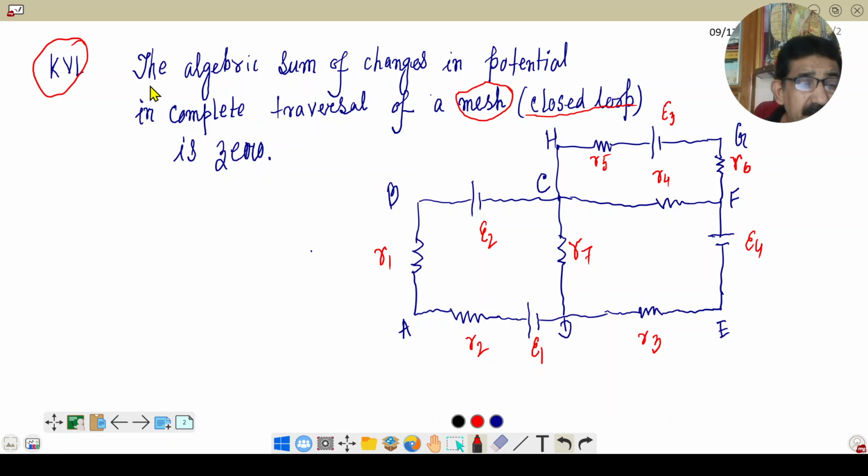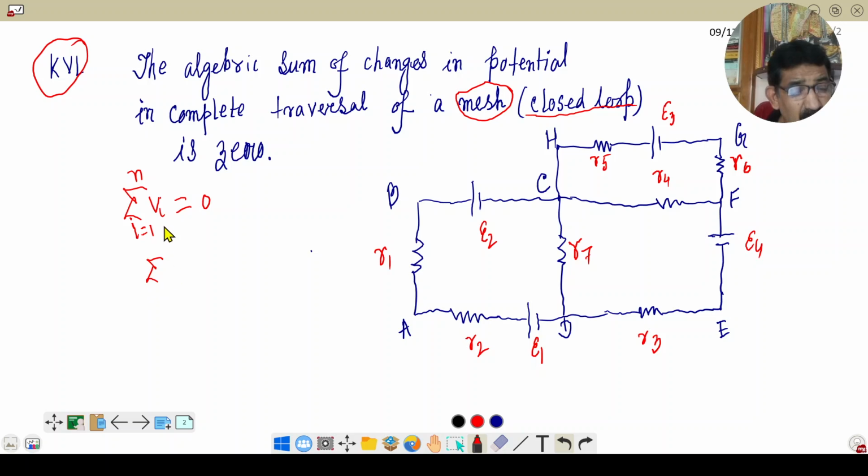The rule goes like this: the algebraic sum of changes in potential in complete traversal of a mesh or closed loop is 0. And mathematically, this is written as summation of V, i extends from 1 to n, is equal to 0.